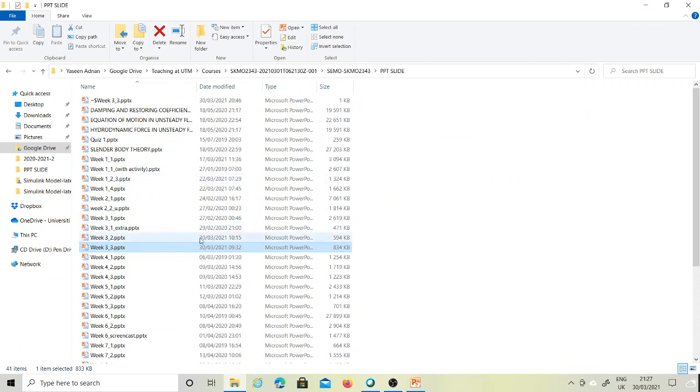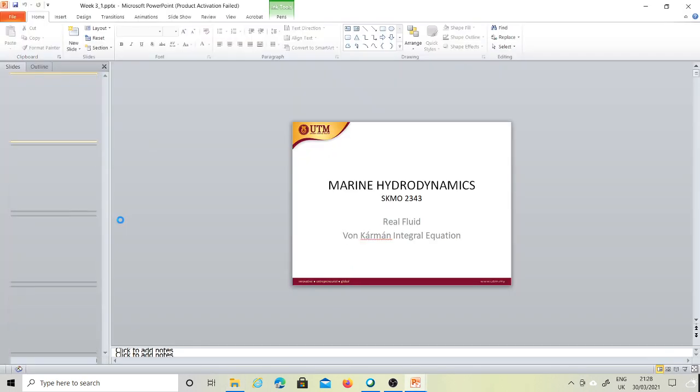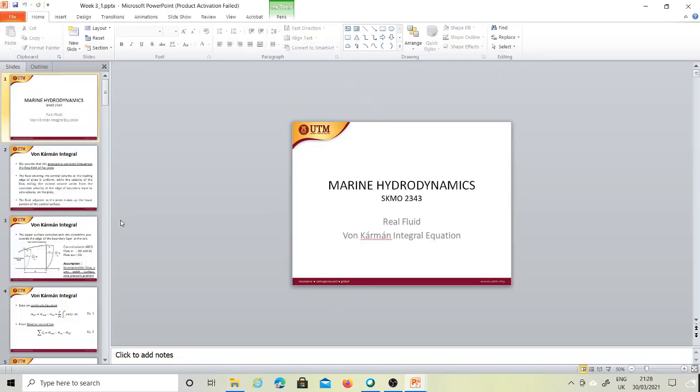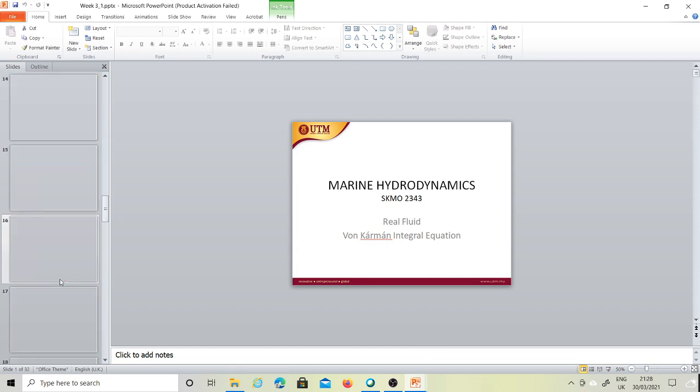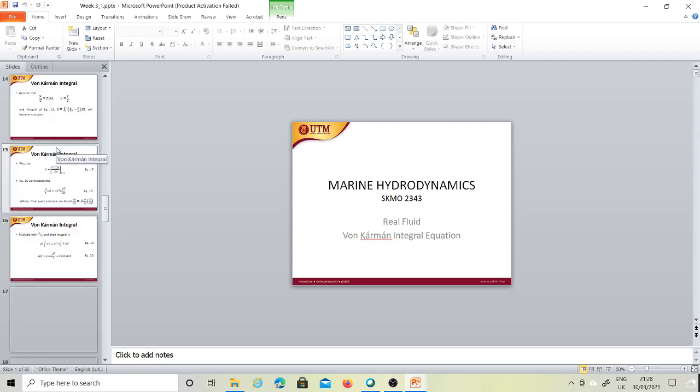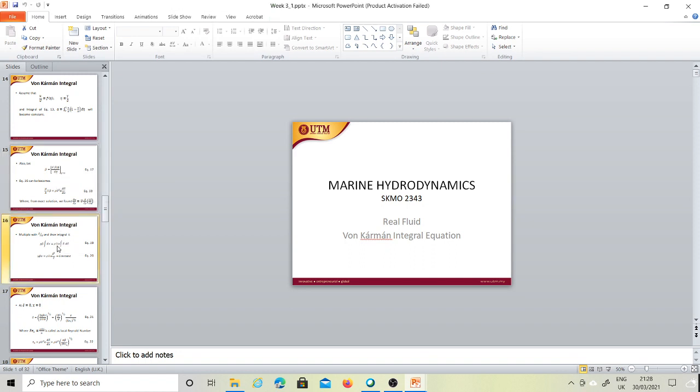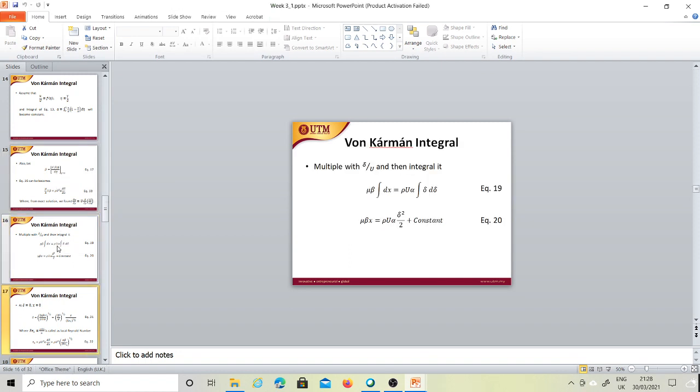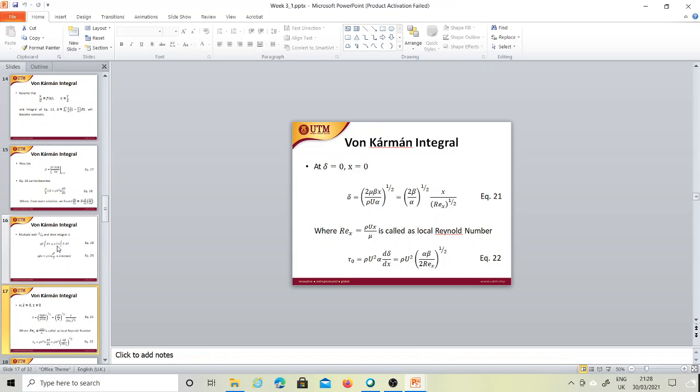If you want to have a look, let's try to open it. Okay, if I go down, we have this one. You can see tau naught is equal to rho u square alpha d theta by dx.